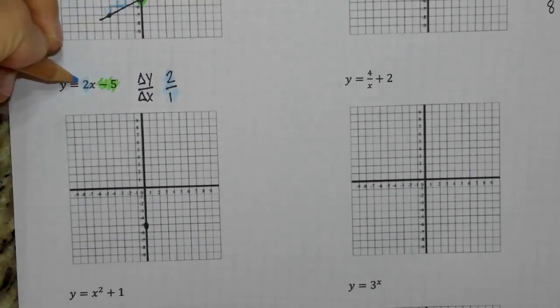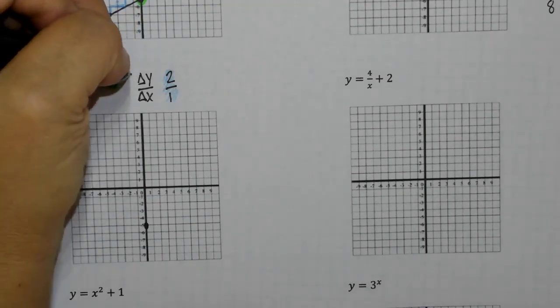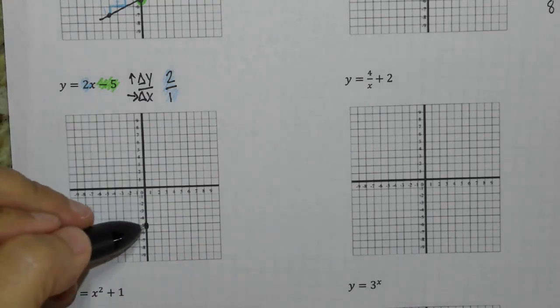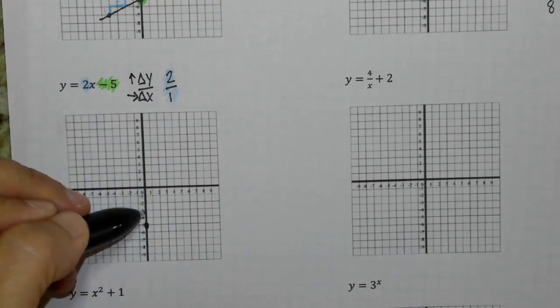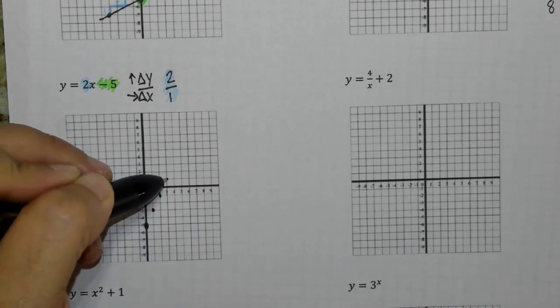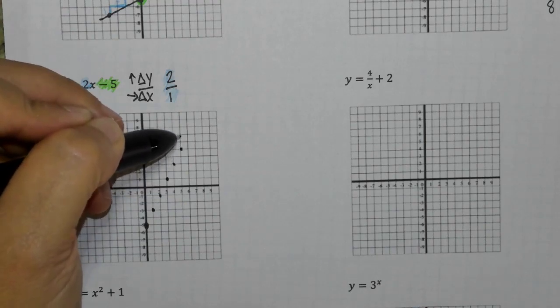And 2 over 1 is the same thing as 2. Okay, so this is telling me my vertical change is 2, my horizontal change is 1. So from that starting point, or b, that beginning point, I'm going to go up 2 over 1, make a dot. Up 2 over 1, make a dot. Up 2 over 1, make a dot. Up 2 over 1, make a dot, and continue that pattern.